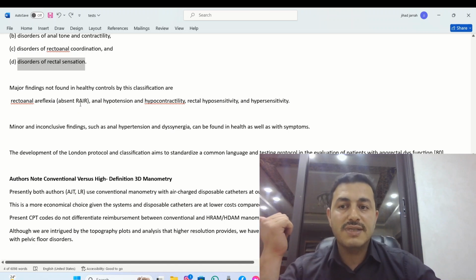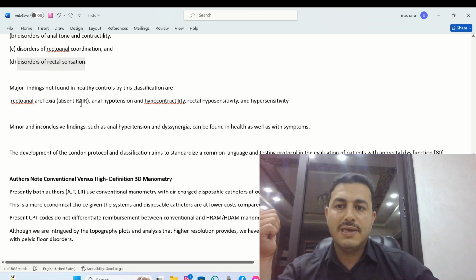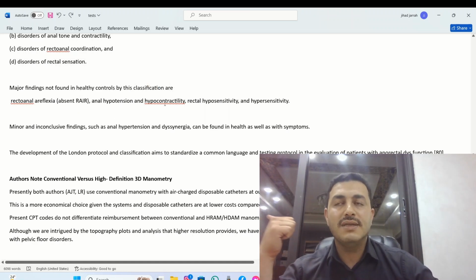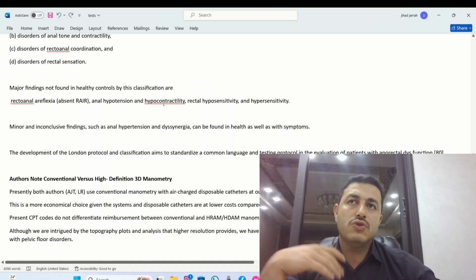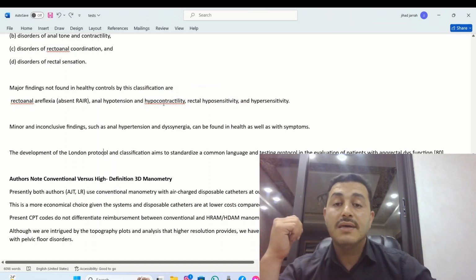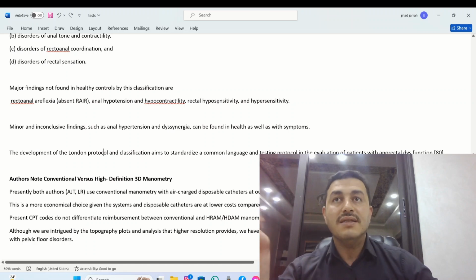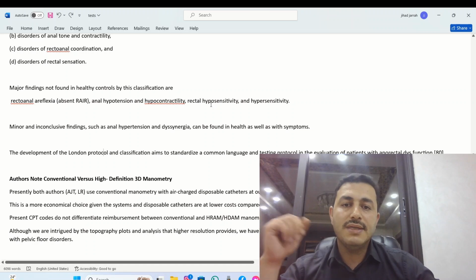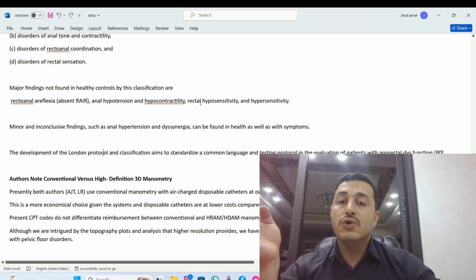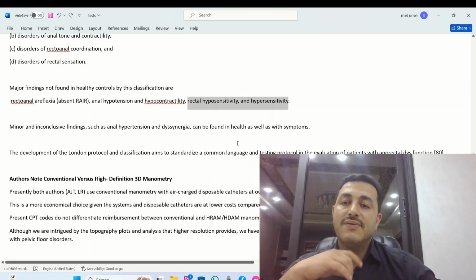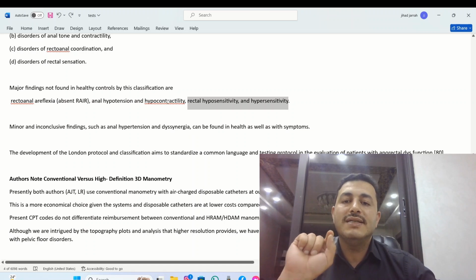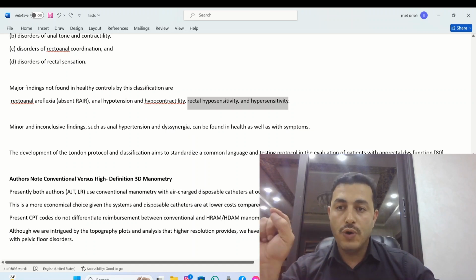For example, an absent rectoanal inhibitory reflex is a major criterion. Anal hypotension and hypocontractility is a major criterion, which may lead to fecal incontinence. Rectal hyposensitivity, which may lead to constipation, is also a major criterion, and so is hypersensitivity.